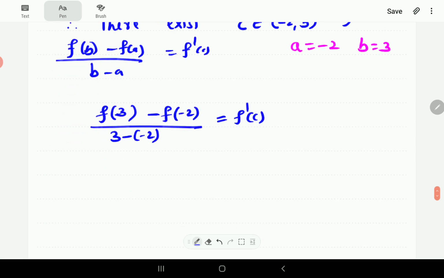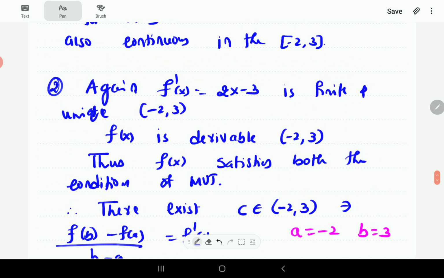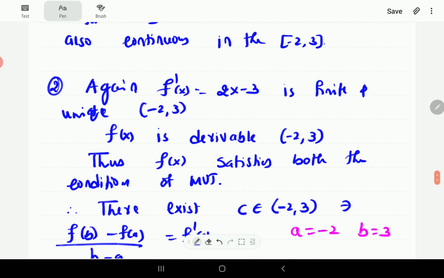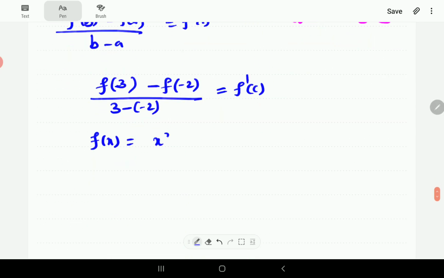So what is our f of 3? Now we have our function f of x as x square minus 3x plus 2.